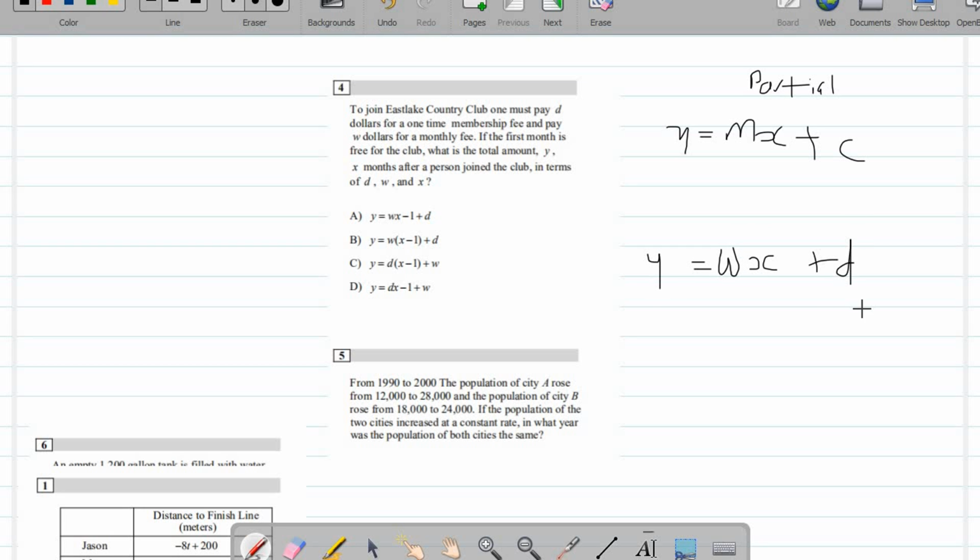After paying the fee for registration, that's the membership fee, you will now be multiplying your monthly fee by the number of months, that's X, since the person joined. So Y equal to WX plus D. That is the translation of this.